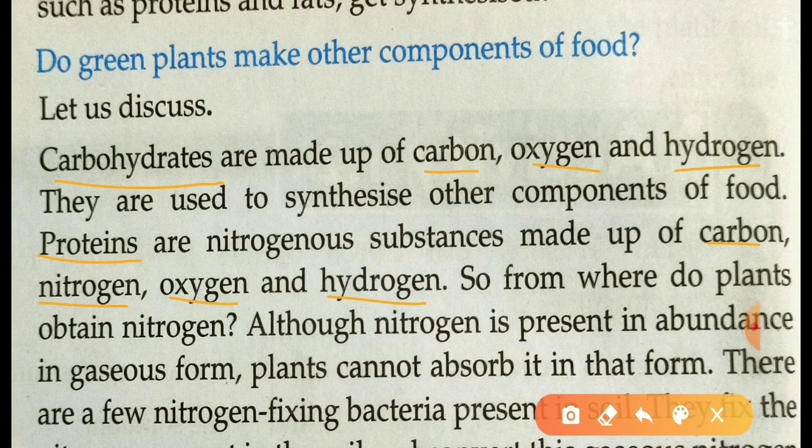Protein is a nitrogenous substance, and nitrogenous substances are made up of carbon, nitrogen, oxygen, and hydrogen. Now the question is, they are making protein, but where will the plant get nitrogen?